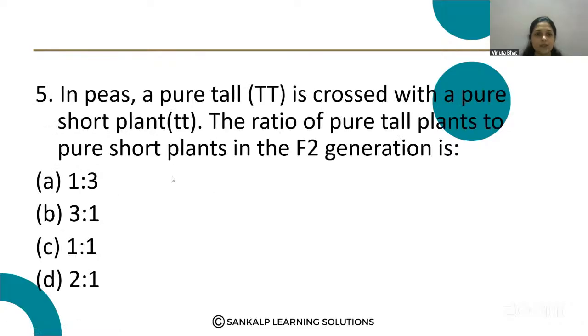Next question. In peas, a pure tall plant is crossed with a pure short plant. The ratio of pure tall plants to pure short plants in the F2 generation is... So, anybody try to answer this question? Please try to answer.